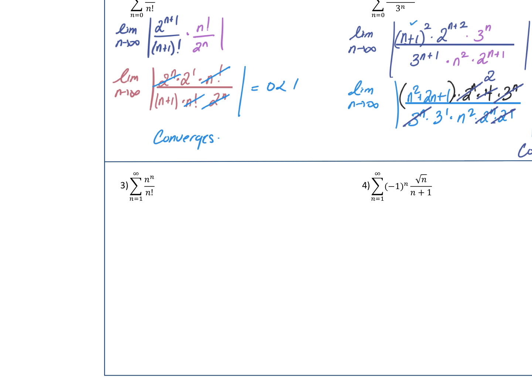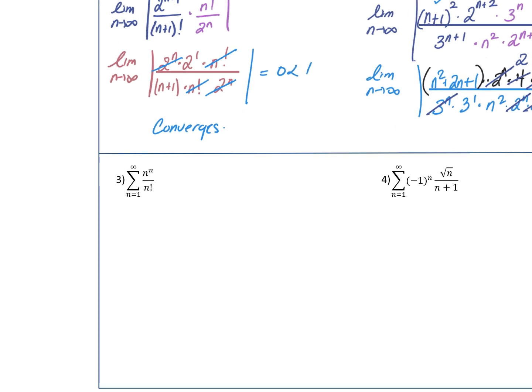For number 3, we're going to get the limit as n goes to infinity. So we've got n plus 1 to the n plus 1 over n plus 1 factorial. We do state change flip, so we get n factorial n to the nth power, like that.